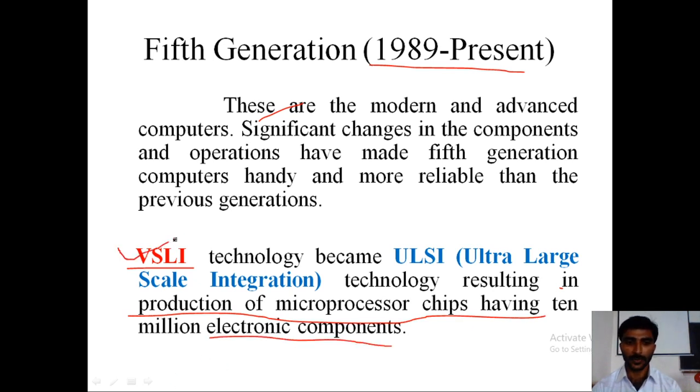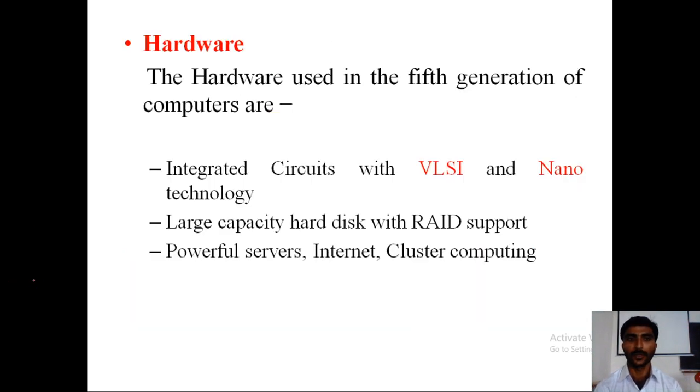In this processor, we can add different very small components, 10 millions of components, in one microprocessor. Okay, now what is the hardware technology? They use ULSI and nanotechnology, RAID technology in hard disks, powerful servers, the internet, and cluster computing.